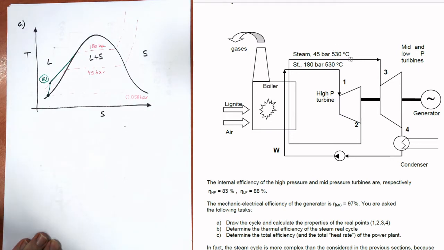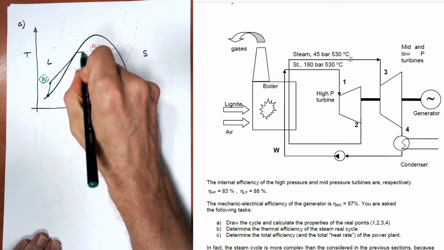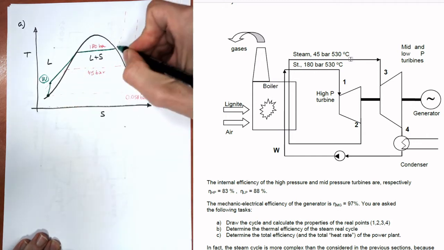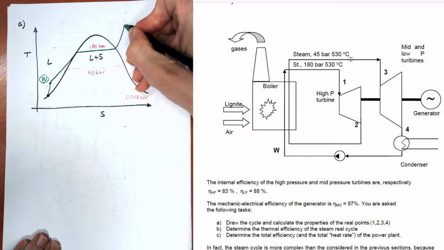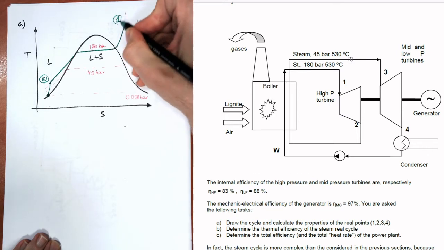This is pretty high pressure and high temperature, so we know it's slightly above the bell, so it has to be superheated steam somewhere here. That's now our point number 1.